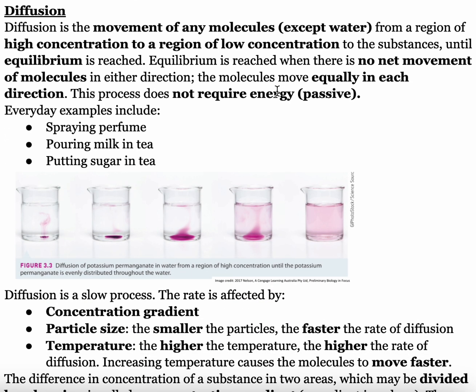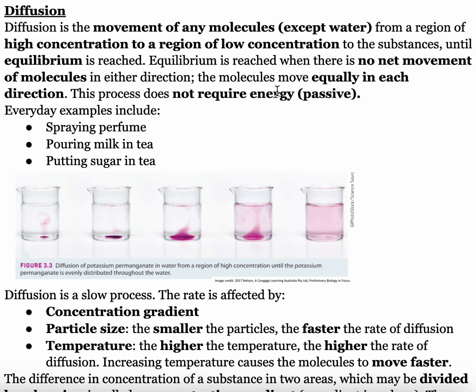Okay, so let's talk about diffusion now. Diffusion is the movement of molecules, except for water, that's an exception, from a region of high to low concentration. And it does this until equilibrium is reached.